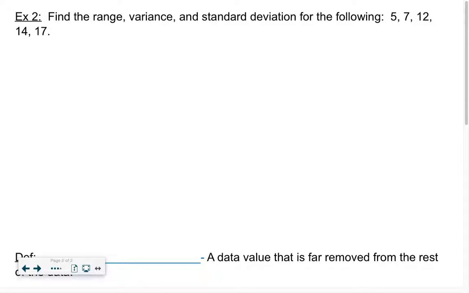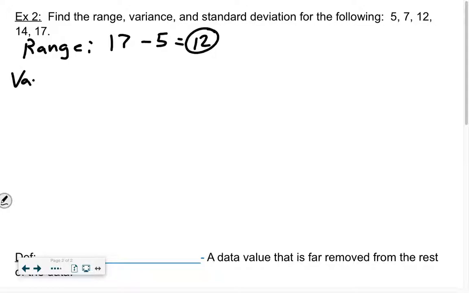So let's go ahead and do range, variance, and standard deviation for this set. I'll walk through it with you. If we start with the range, greatest minus the smallest: my greatest value is 17, smallest value is 5, so the range is going to be 12. Easy enough.